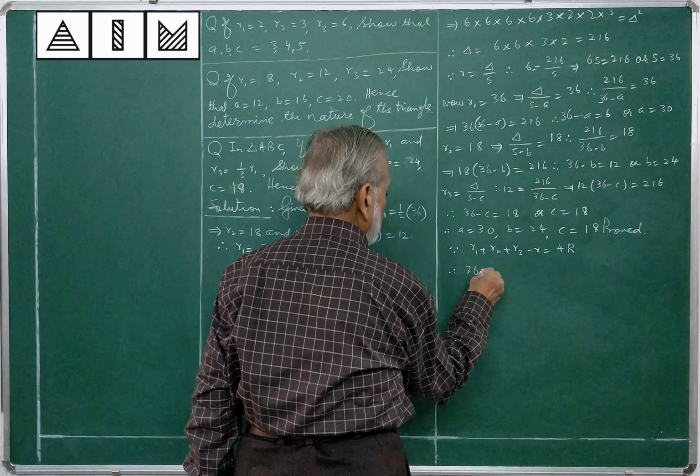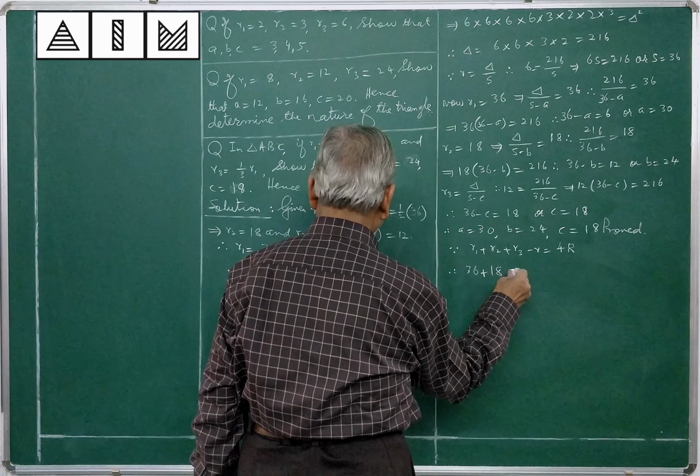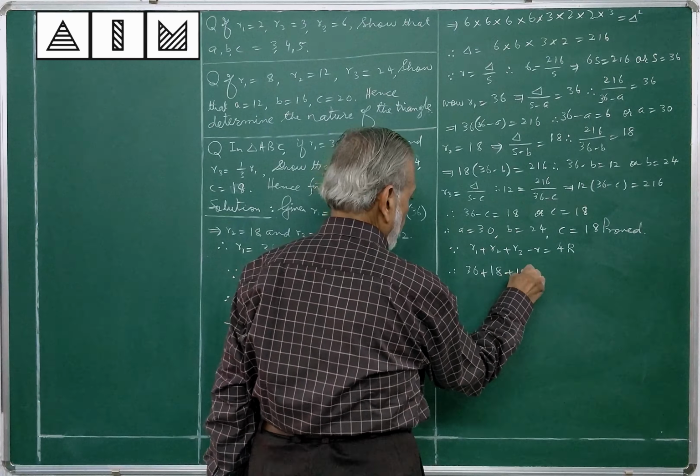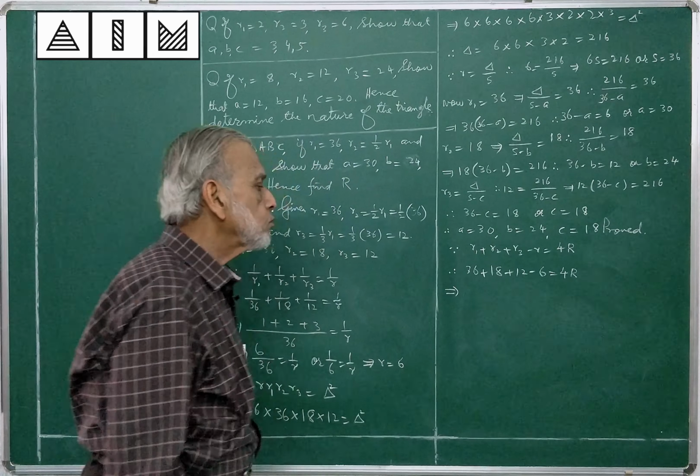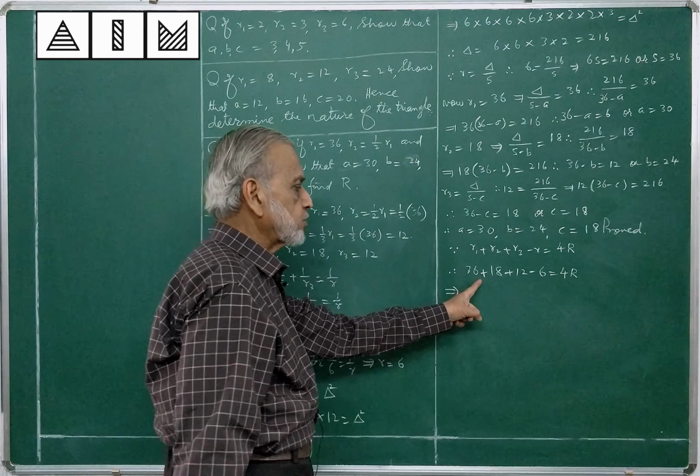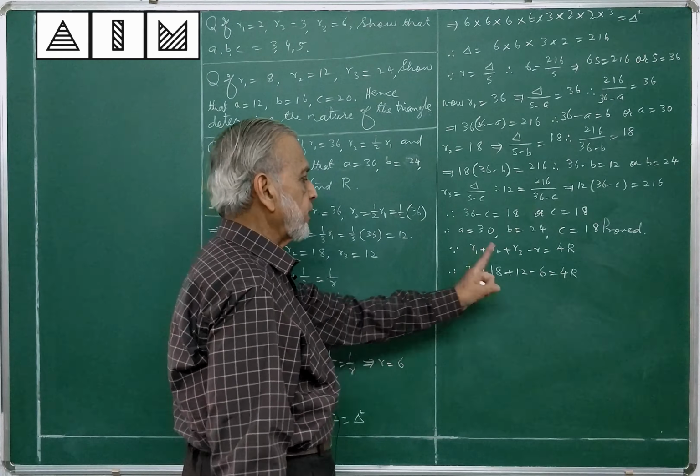R1 36, R2 18, R3 12, R is 6 is equal to 4R. This is 36 plus 18 plus 12 minus 6. Please see here. This comes to 60 is equal to 4R, or R is equal to 15.